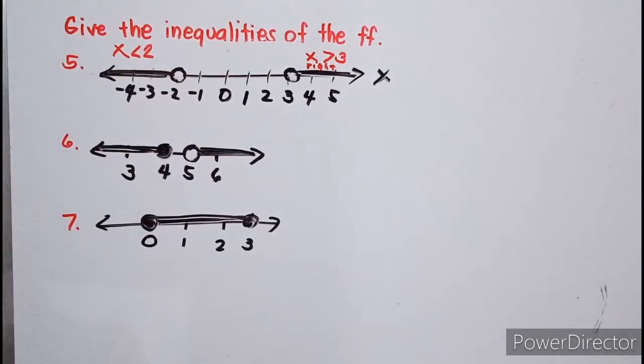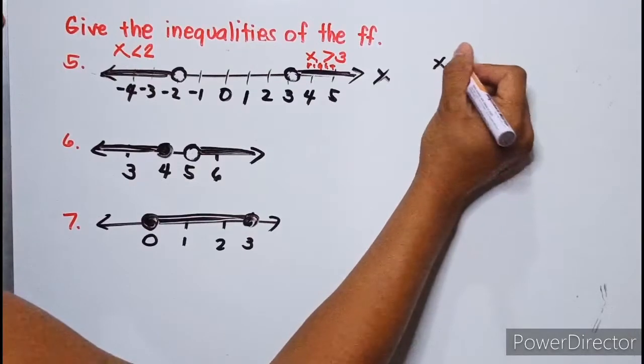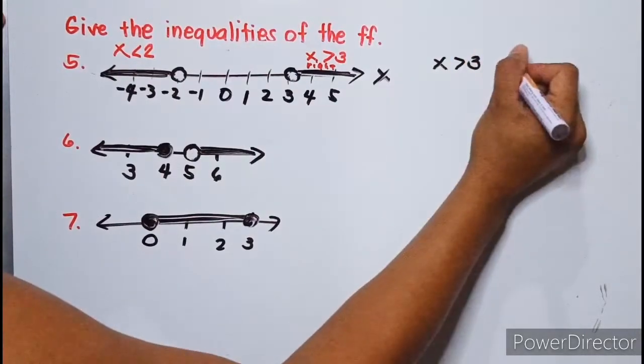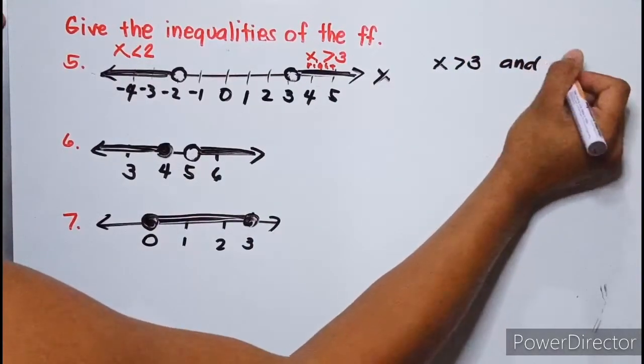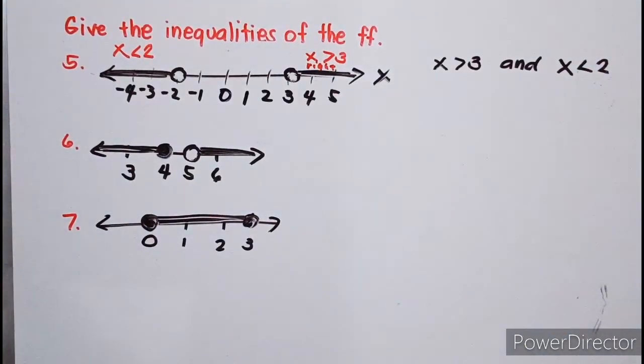Okay, so ibig sabihin, sa ating number line, meron tayong dalawang inequality. x is greater than 3 and x is less than negative 2. Ngayon, kailangan natin siyang pagsamahin. Kailangan natin lang gawin na isang variable.